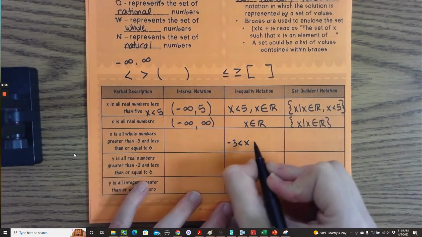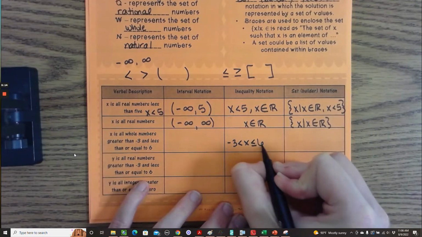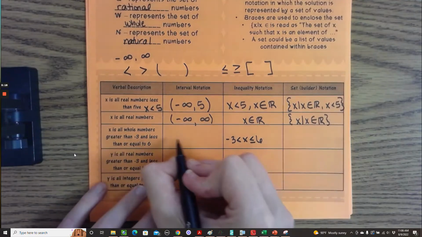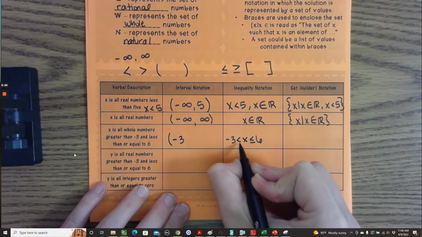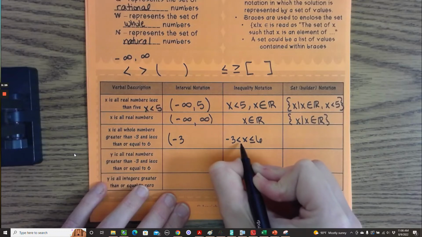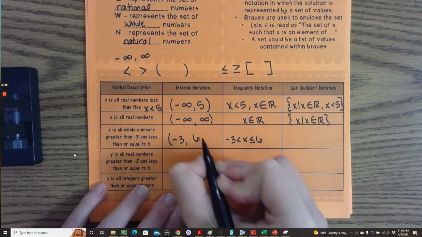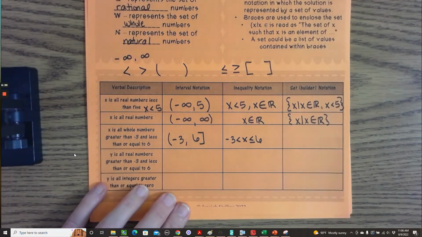And then x is going to be less than or equal to 6. As an interval, I'm going to start with the -3, and it's going to have a parenthesis because it's just this less than sign. Then comma 6, and this side is going to be a bracket.